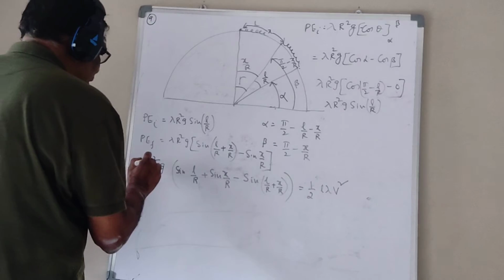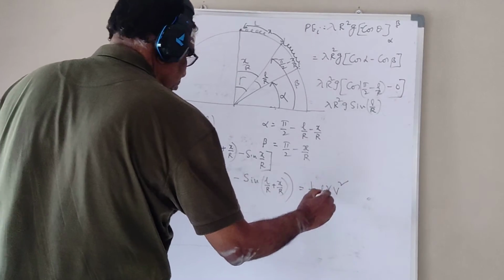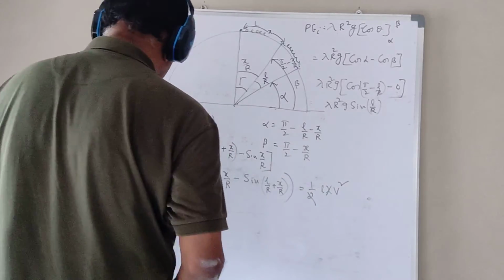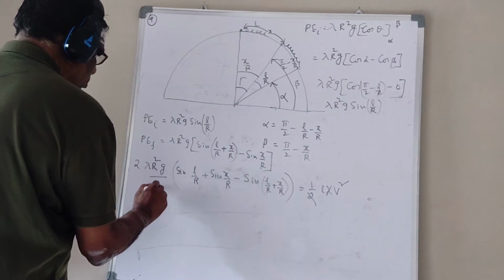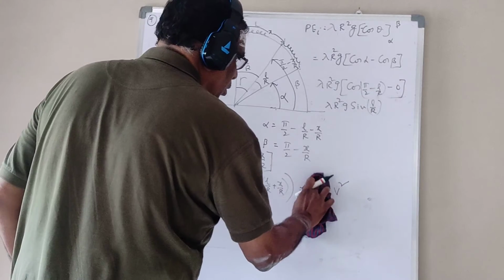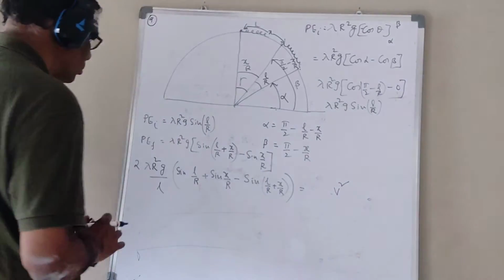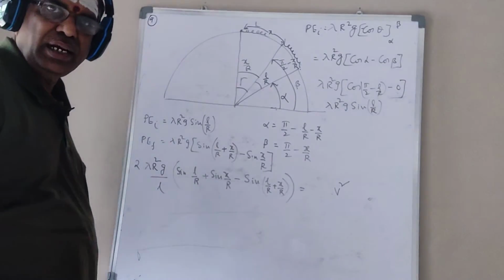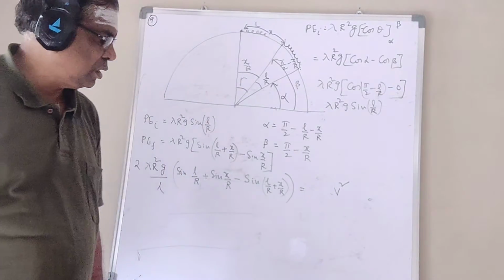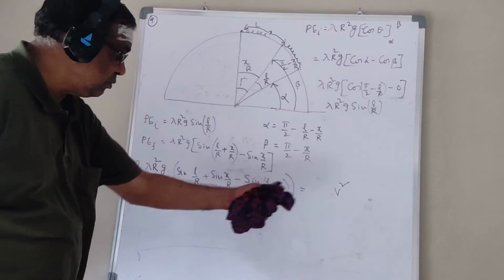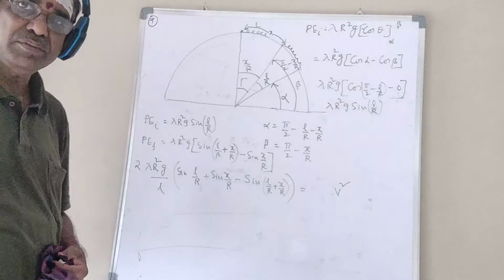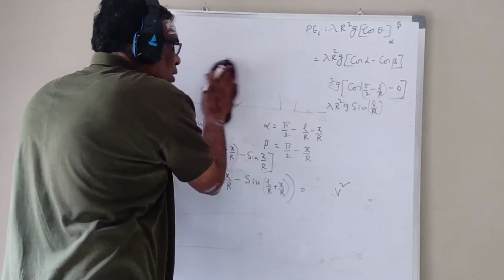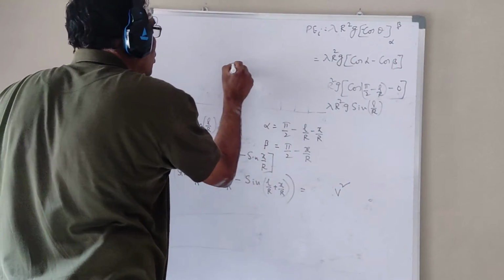So lambda gets cancelled. 2 it becomes this one, it becomes L if you remove all this. Interesting. You got it like this. This is the velocity because v square I captured. Now sometimes they may further probe you in this. How?